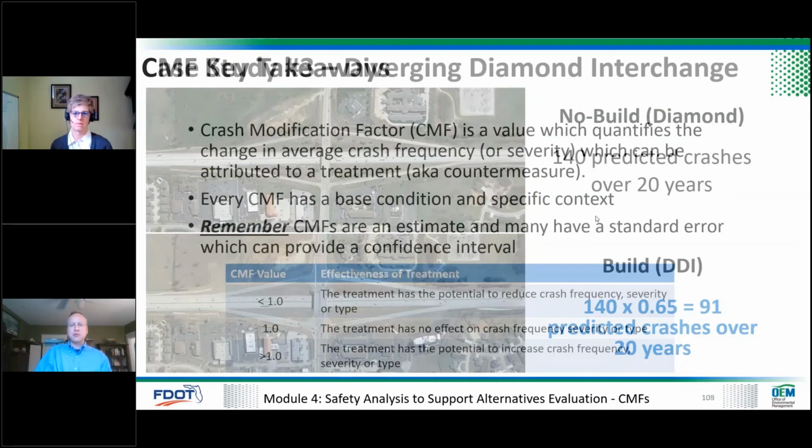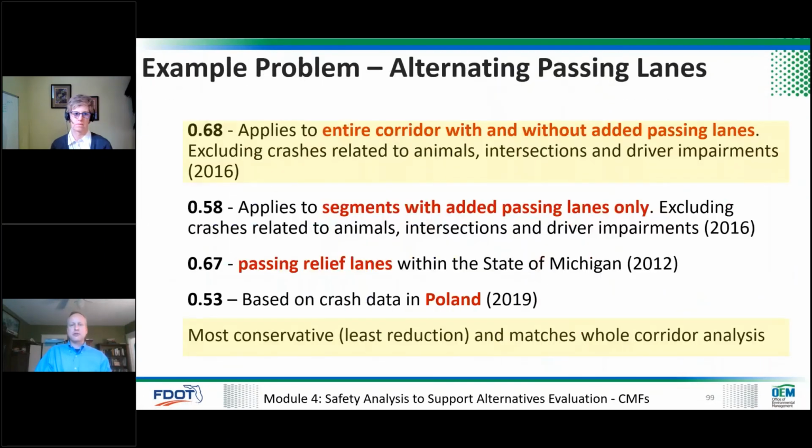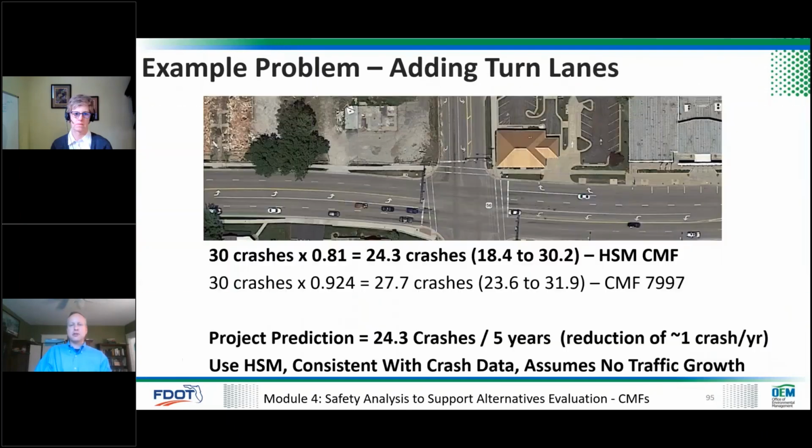If I go back a few slides, apologies, I said it assumes no traffic growth for this left turn lane example where we applied the CMF. If we had 5 years of historical data, and that's why I caveated this, we're looking at the near term, last 5 years, next 5 years, maybe we can say that applies.